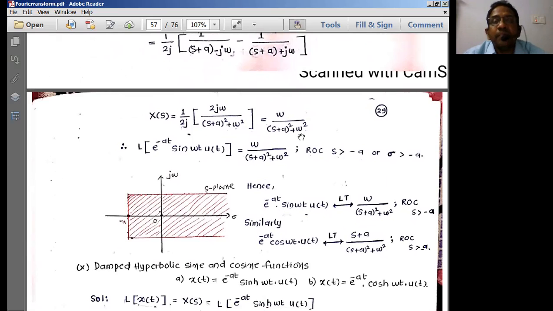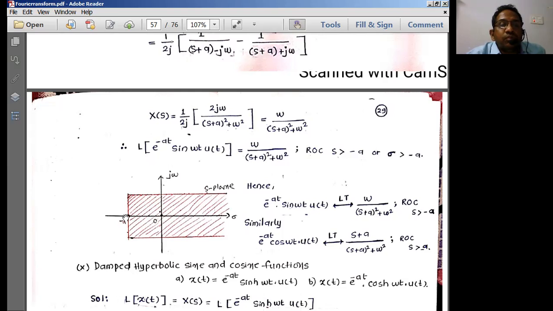Now here the region of convergence changes. How? The region of convergence is real part of s greater than 0. So what is the real part of this entire part? S plus a should be greater than 0. So therefore real part of s means sigma, that means sigma greater than minus a. So here this is going to be the 0 line.